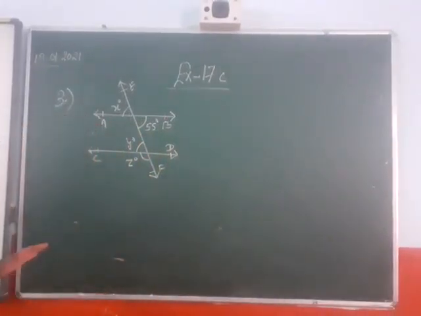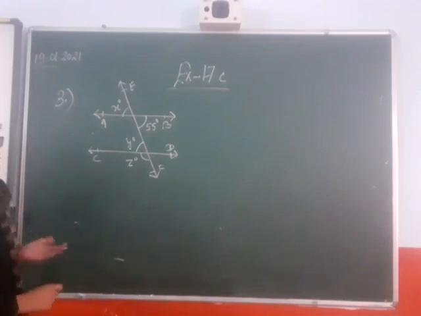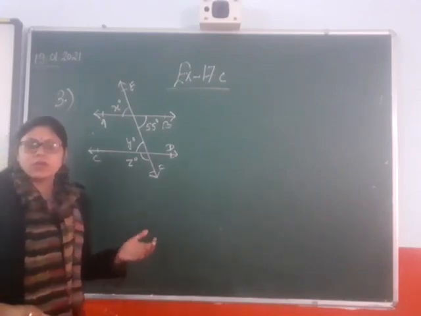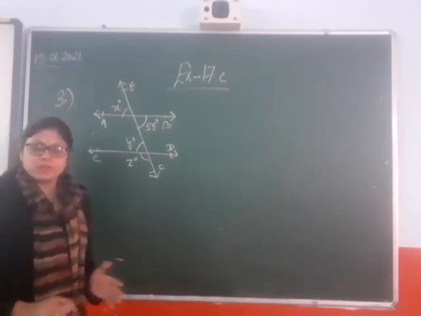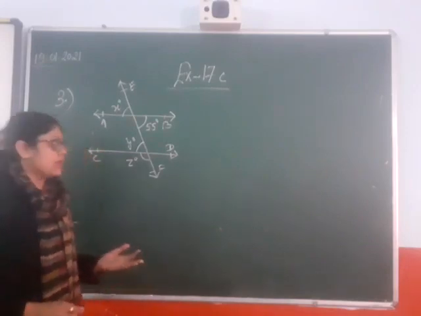AB and CD, they both are parallel lines. EF is a transversal. So you can apply the concept of corresponding, alternate, co-interior angles, all the things, because two parallel lines are cut by one transversal line.